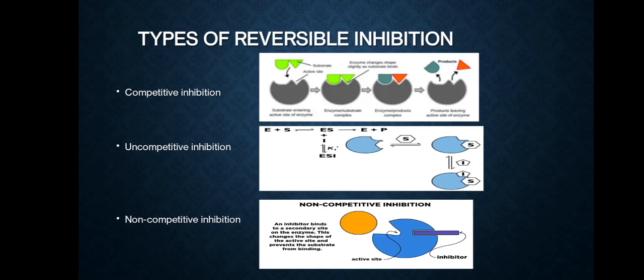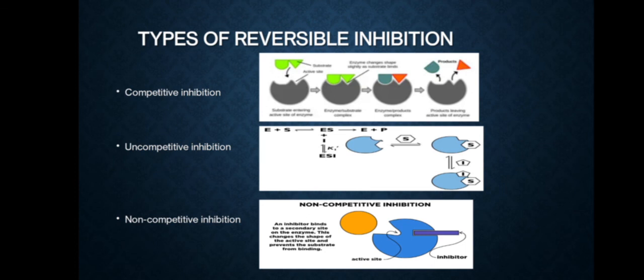Here we can see the types of reversible inhibition: competitive, uncompetitive, and non-competitive. Firstly, competitive inhibition. In competitive inhibition, there is a close resemblance in the structure of inhibitor and substrate. Therefore, they both compete for the same active site on the enzyme.